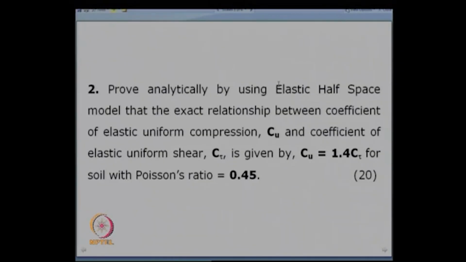Let us move to the second question, which says: prove analytically by using elastic half space model that the exact relationship between coefficient of elastic uniform compression, which generally we express by using the symbol C suffix u, and coefficient of elastic uniform shear, which we generally express using the symbol C suffix tau, is given by Cu equals 1.4 times C tau for a soil which is having Poisson's ratio of 0.45.